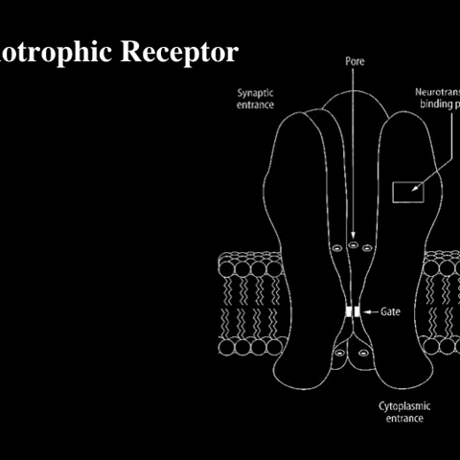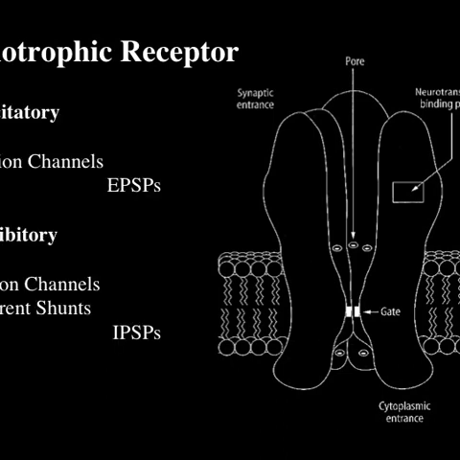It has an active site or a binding site for the neurotransmitter, and it has a gate which either opens or closes to allow certain sorts of ions to diffuse across the receptor. If it's excitatory, i.e. if stimulating it leads to excitatory postsynaptic potentials, it tends to be a cation channel receptor, usually, though not always, a sodium channel receptor.